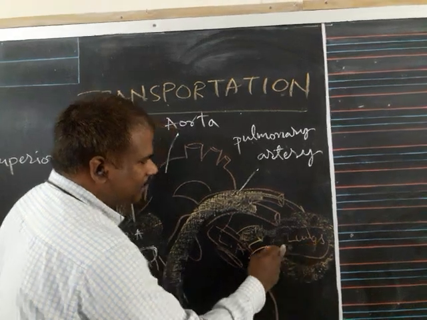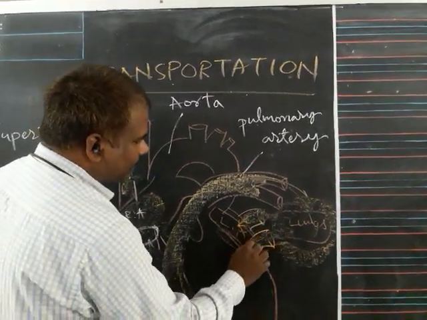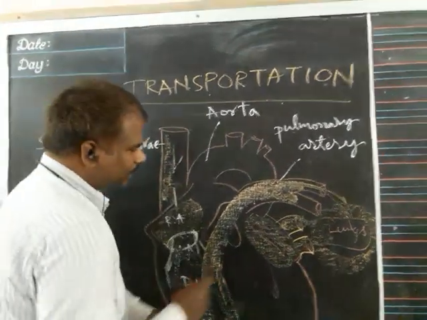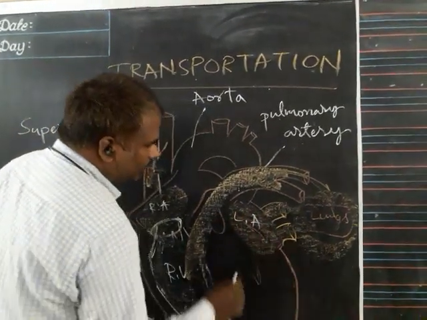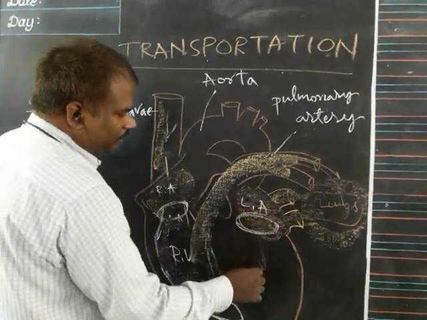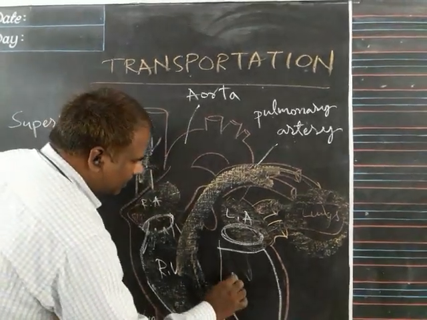After purification, the pulmonary veins carry oxygenated blood into the left auricle. Here also one aperture is there, the left auriculoventricular aperture, opening into the left ventricle.